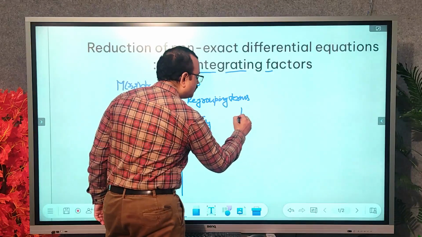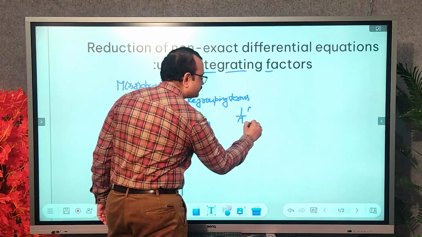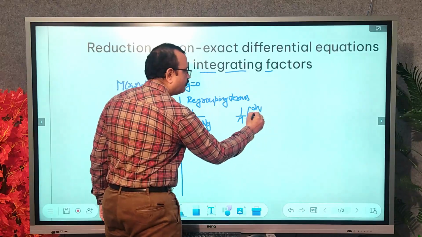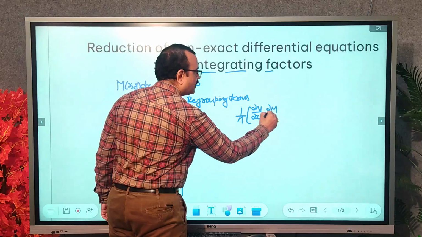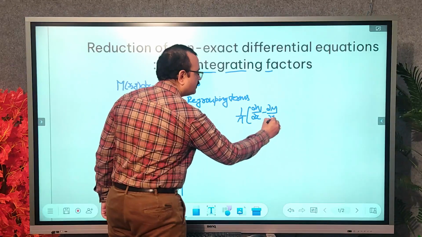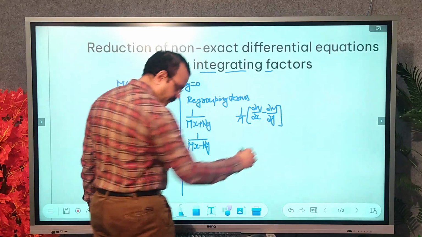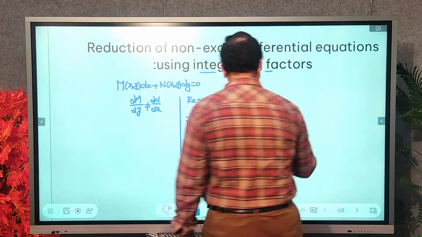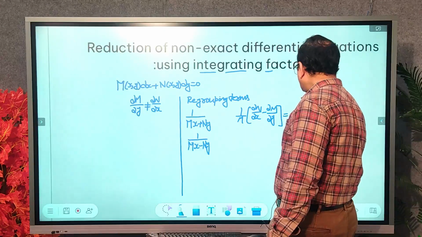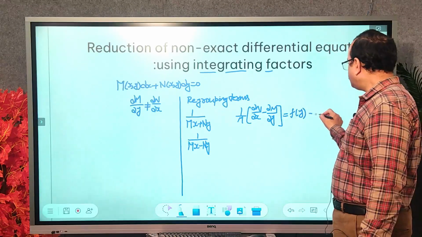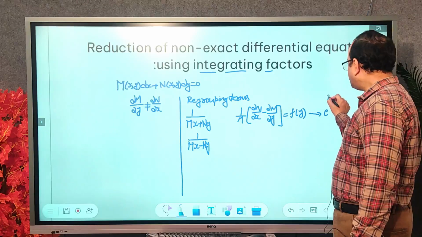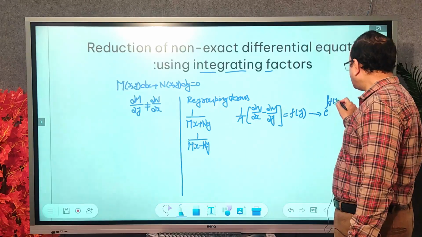Two more we have. If 1 by N into (∂N/∂x minus ∂M/∂y) is a function of y, then the integrating factor is e power integral f of y dy.